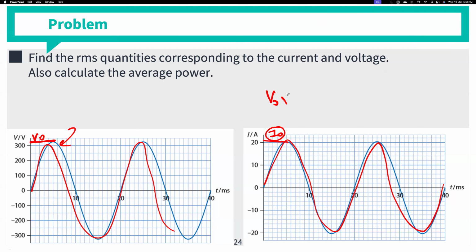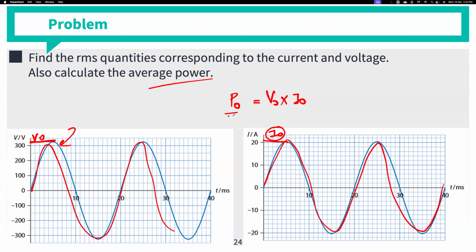And the product of this peak current into peak voltage is called peak power. Clear? That means the peak voltage into peak current, the product of that is called, I mean, peak power.